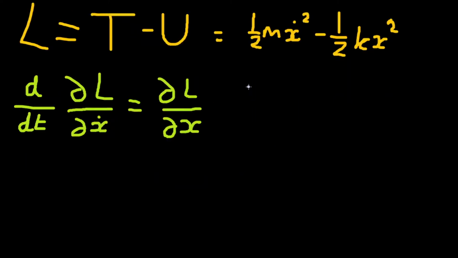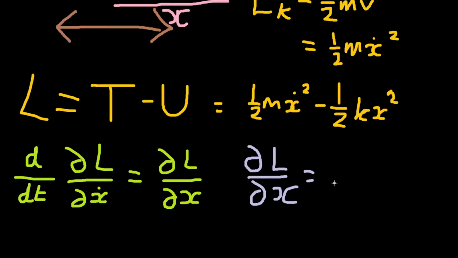First of all, let's take the partial of the Lagrangian with respect to x. Essentially we treat any variables other than x, including x dot, as if they were just a constant. So this term would disappear, and we'd just be differentiating the other term with respect to x. Using the power rule, it's pretty easy to see that this is just minus kx.